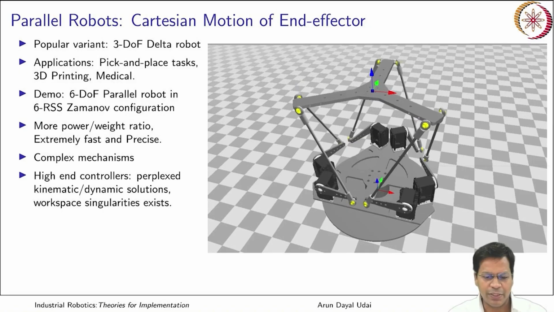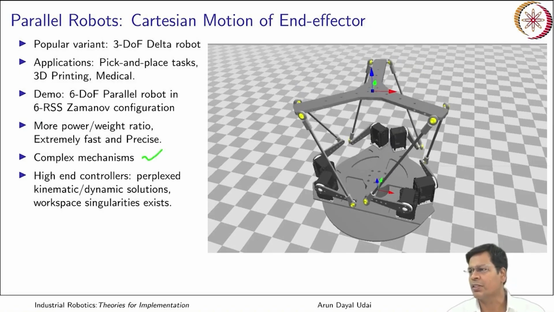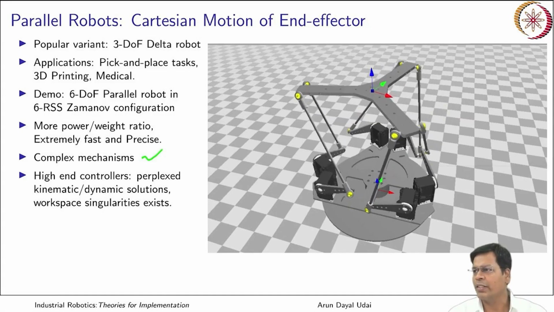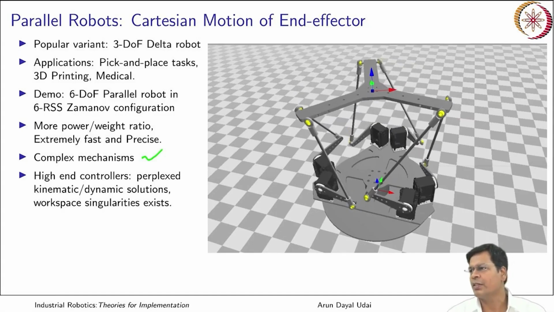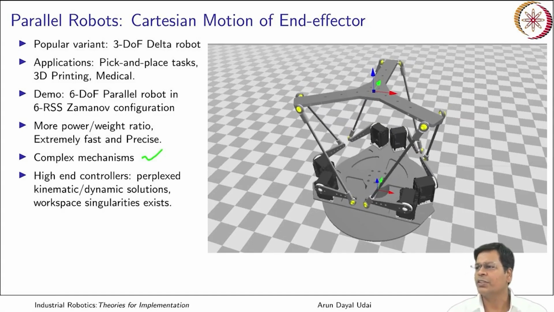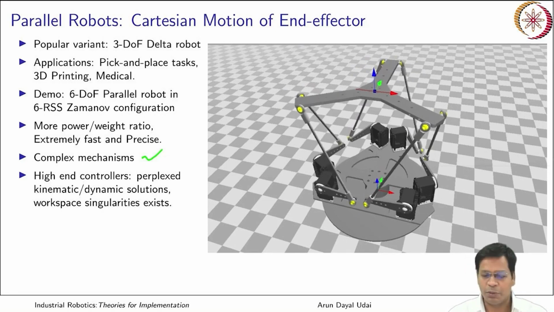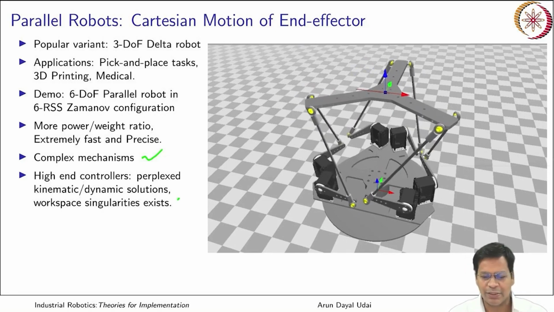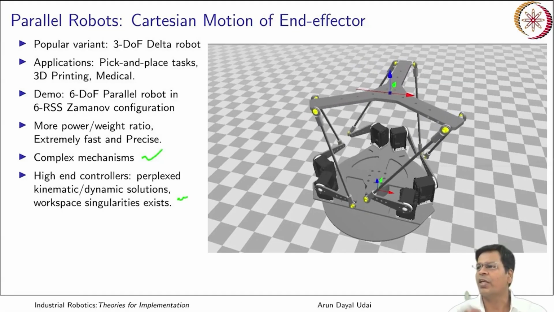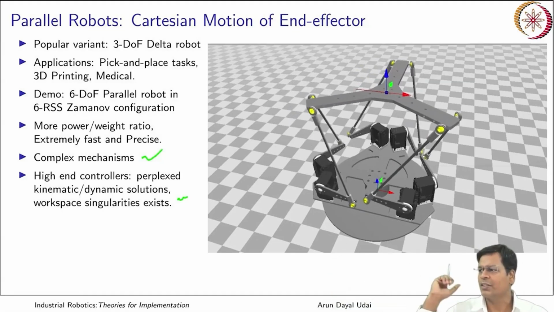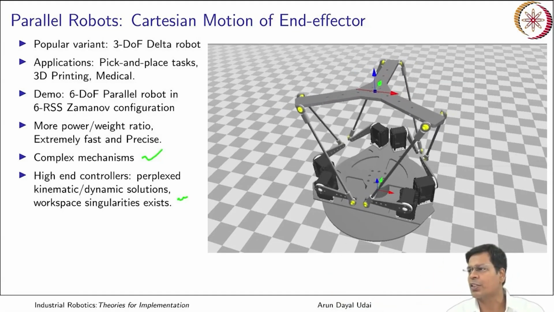It has a very good power to weight ratio. But they are very complex. You see, solving the mathematics of this is not trivial. So high-end controllers are required because of the complex kinematics, dynamic solution, and workspace singularities. It doesn't just have singularities at its boundaries, it also has singularities within the workspace.